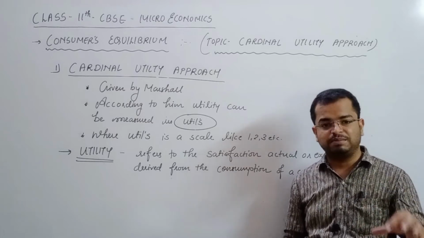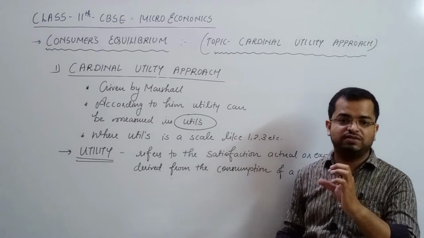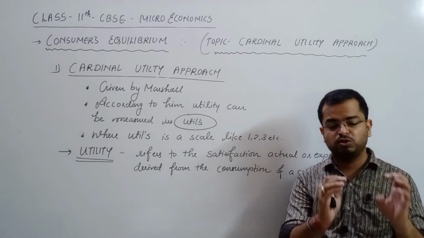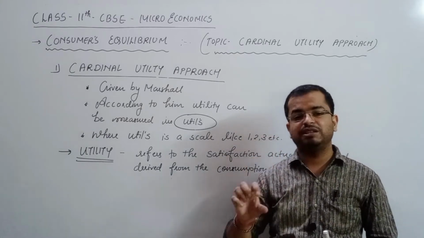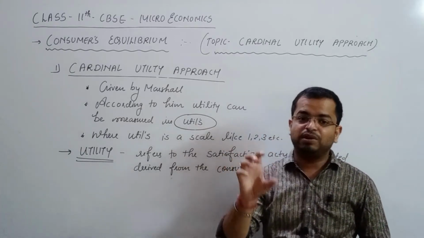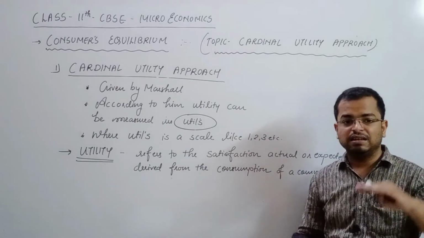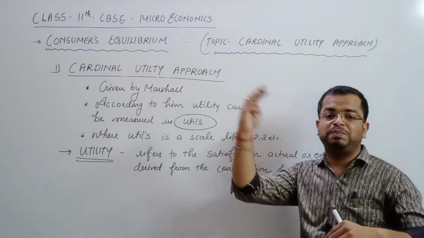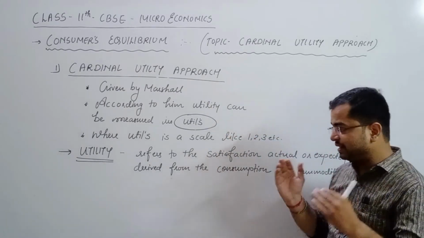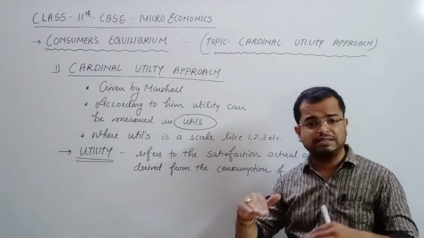For example, in summer I derived 20 out of 20 utils of satisfaction from that scoop of ice cream, while in winter I derived 10 utils of satisfaction. So in summer my satisfaction level is more as compared to winter, and that's why it is very clear how to use the util.